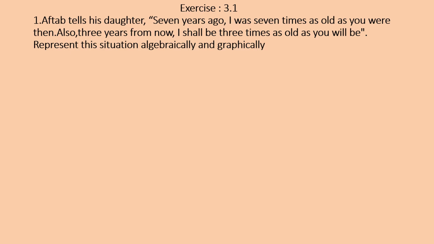To frame the equation, if you follow the steps, it will be easy. The first step: read and reread the statement of the problem and identify the unknown quantities. Here the unknown quantities are the ages of Aftab and his daughter.